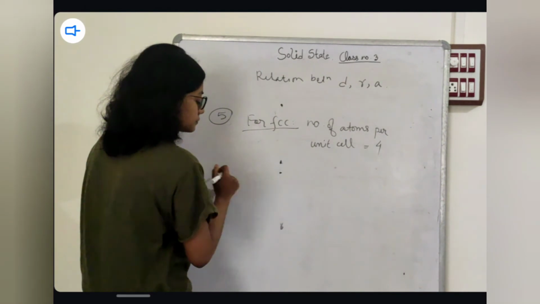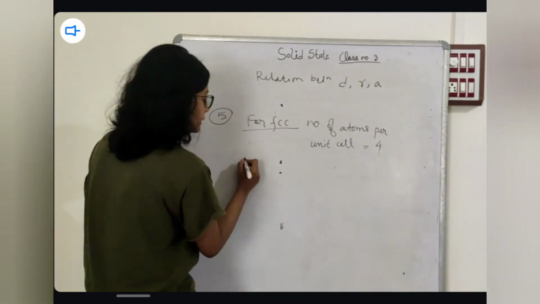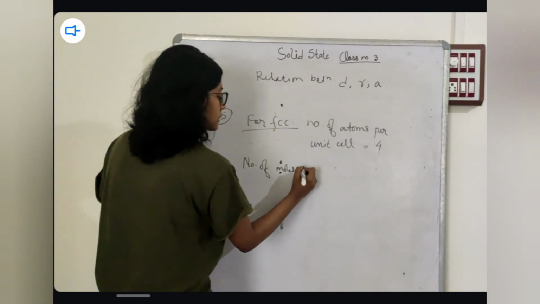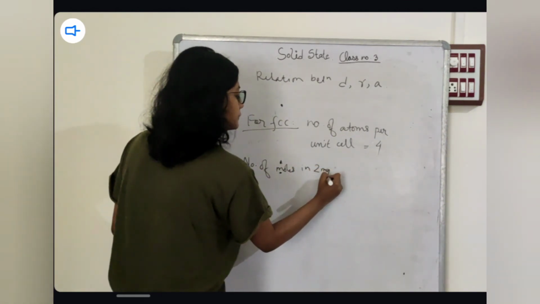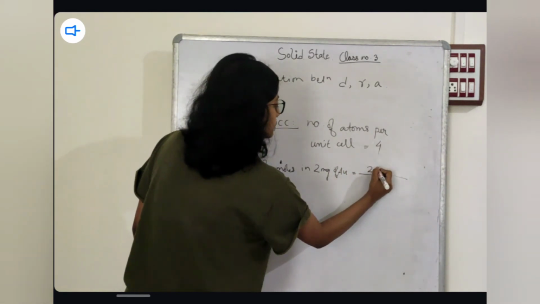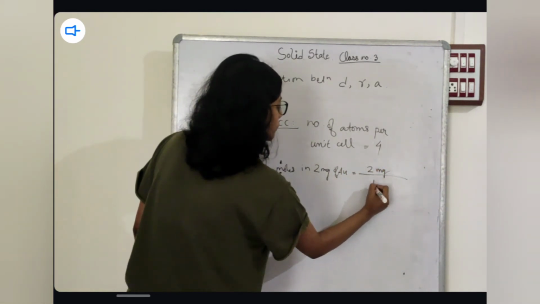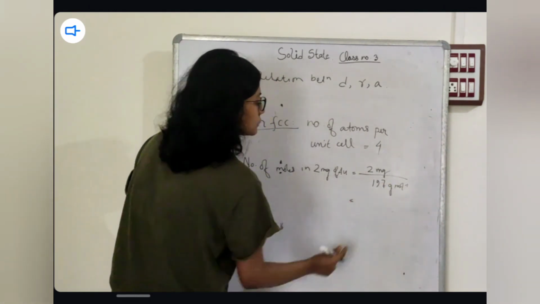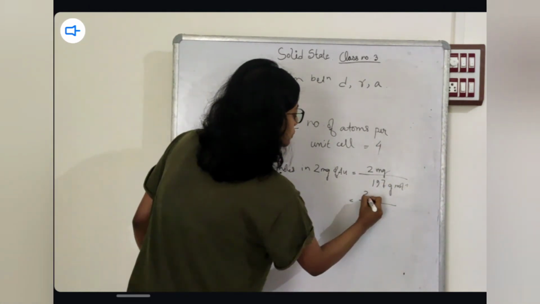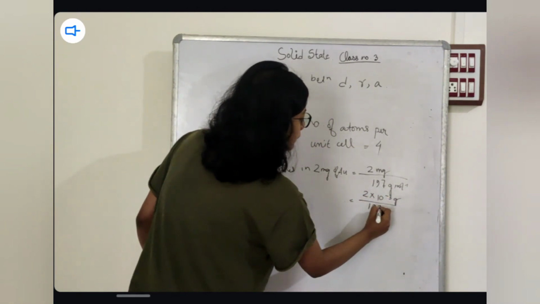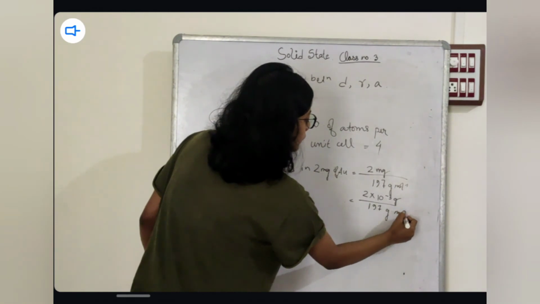So again, number of moles in 2 mg of gold is equal to 2 mg by 197 gram per mole. Now calculate it. 2 into 10 to the power minus 3 gram by 197 gram per mole.